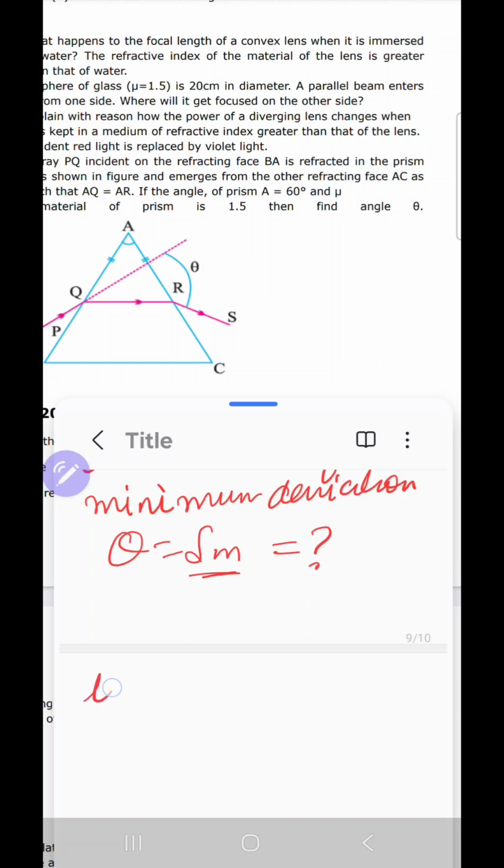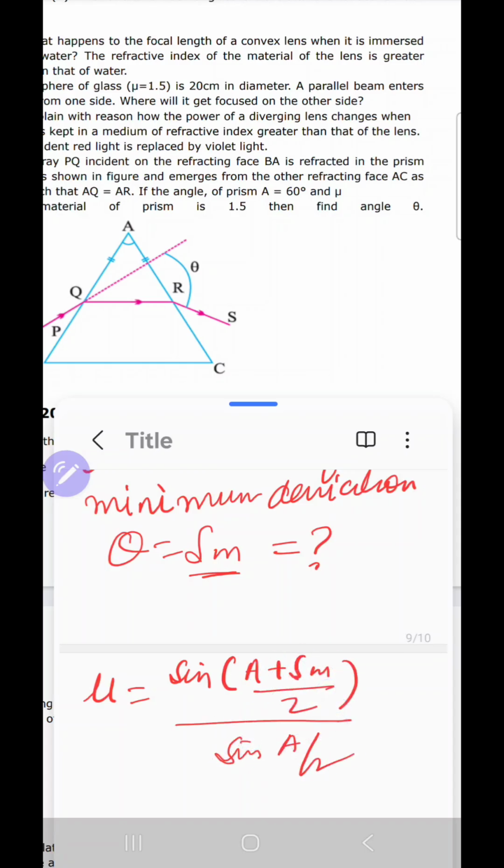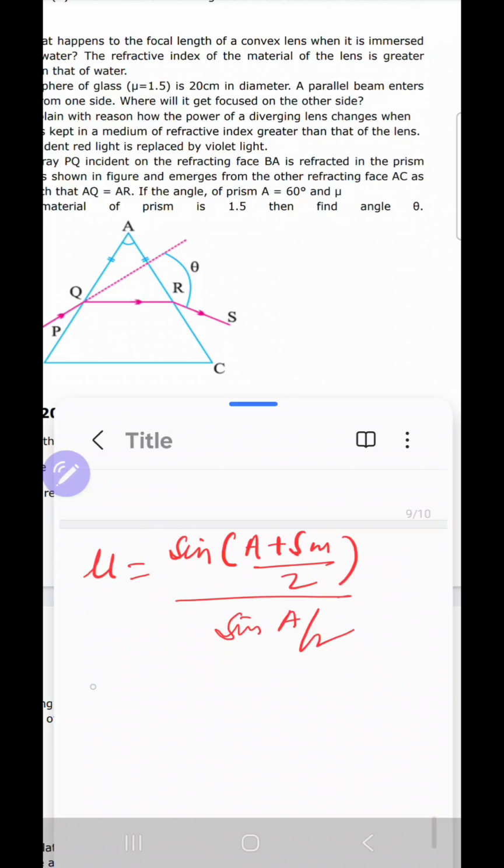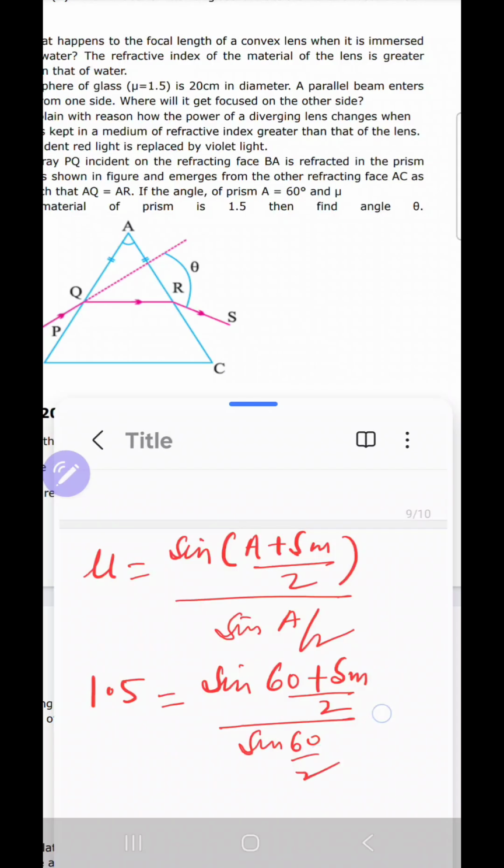Now as we know that refractive index is sine of (A plus delta m) by 2 over sine of A by 2. Now let us substitute all the values. This is 1.5, sine of (60 plus delta m) by 2, over sine of 60 by 2.